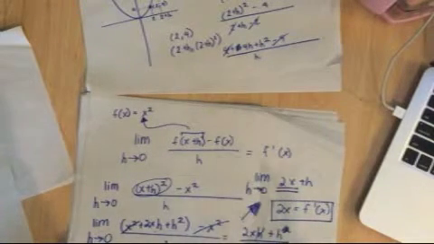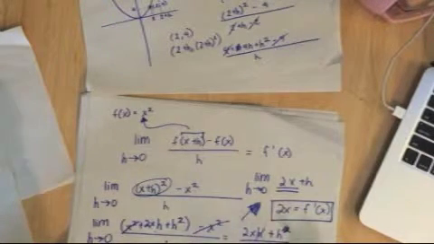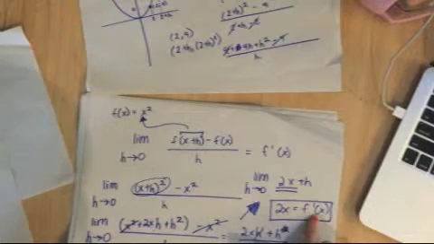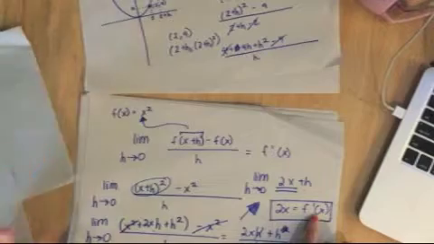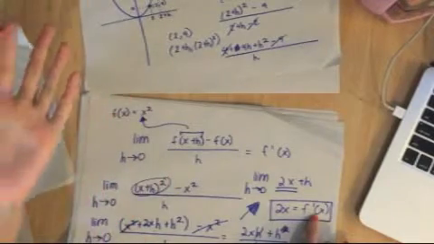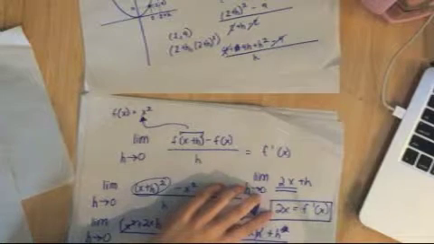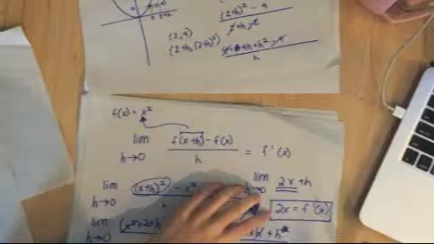Well, you can actually plug in any x value on our parabola. For example, we can plug in 2 like we did before, and our answer would be 4. And that is what we got in the previous problem. The slope at x equals 2 is 4. The slope at x equals 4 is 8. The slope at x equals 0 is 0.